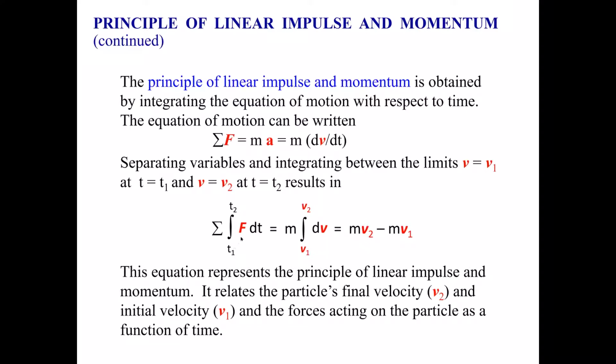So you're applying some force between t1 and t2. And you have some initial velocity at the time when that force was applied, and then you have some final velocity at t2. So the result becomes essentially the impulse and the momentum on this side of the equation, right?